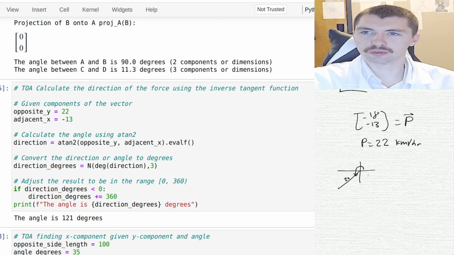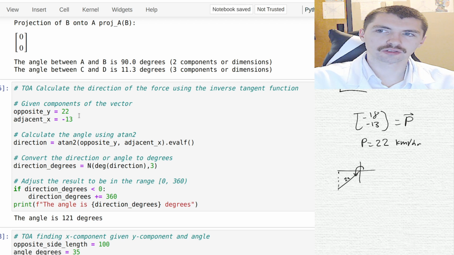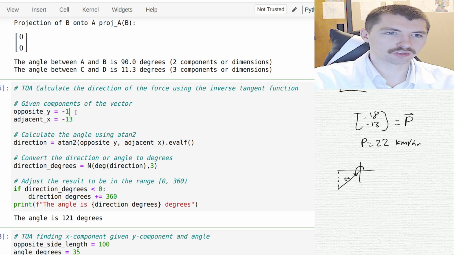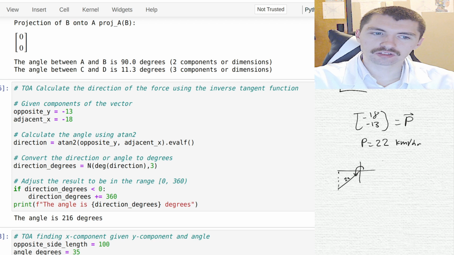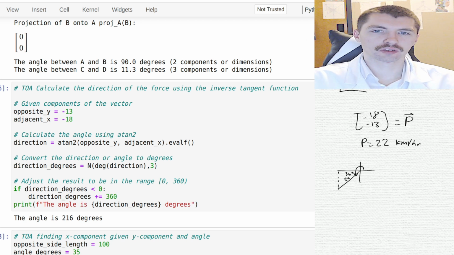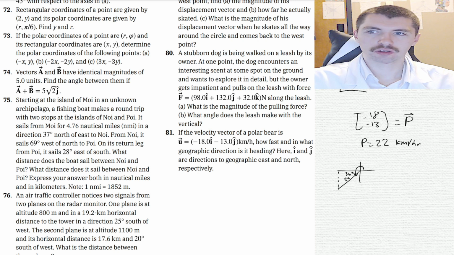Okay, I see. We could drop the opposite here. That would be -13 over 18. 216 degrees. So that'd be 360 minus 180. 36 degrees. Okay. All right, so I think we solved that one.